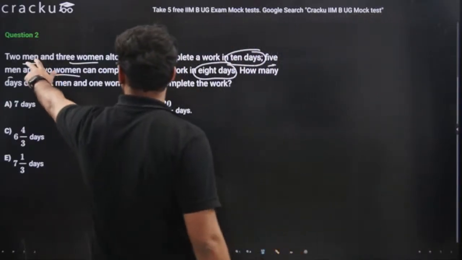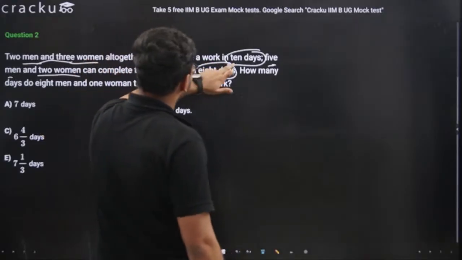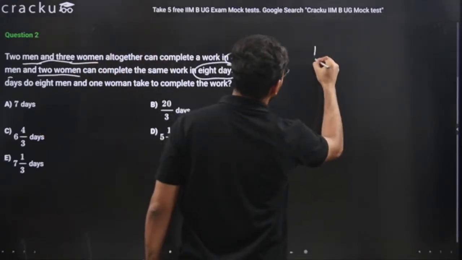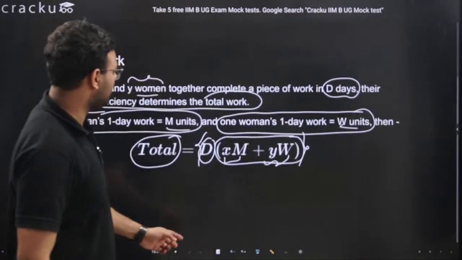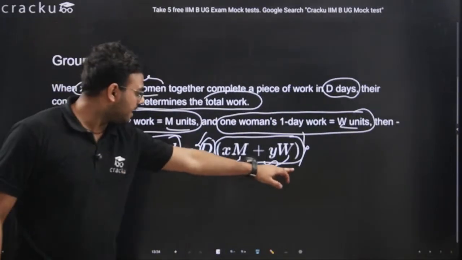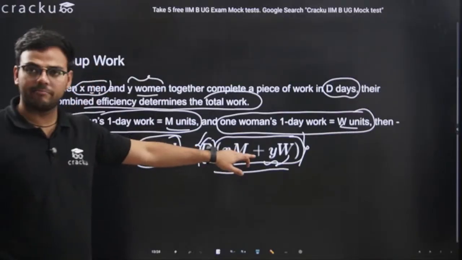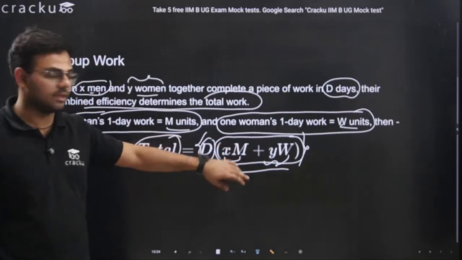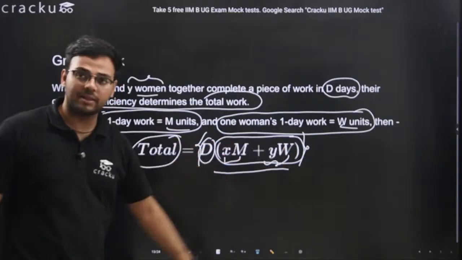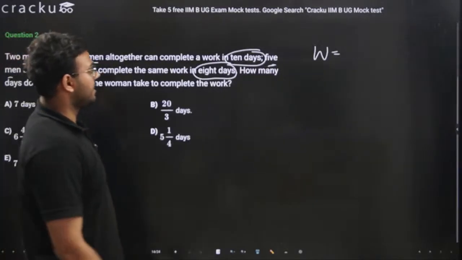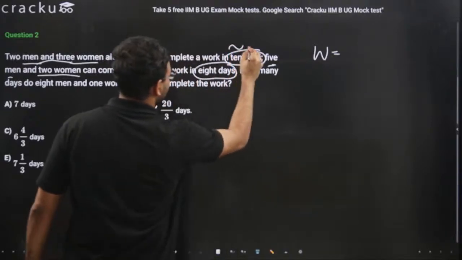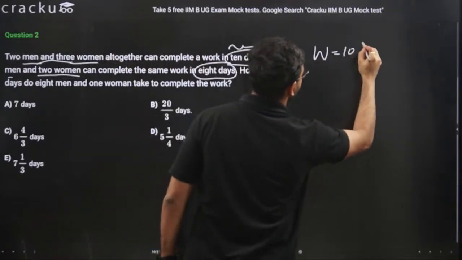First of all, it is given 2 men and 3 women take 10 days. So again, W will be what? In the previous slide I discussed, W is equals to D into the number of men multiplied by their efficiency plus the number of women multiplied by their efficiency. So W is equals to 10 times.